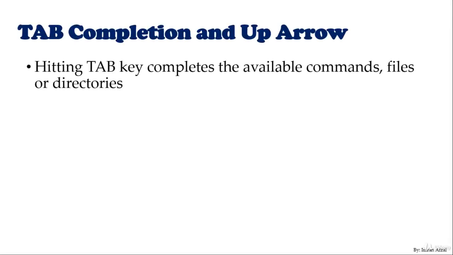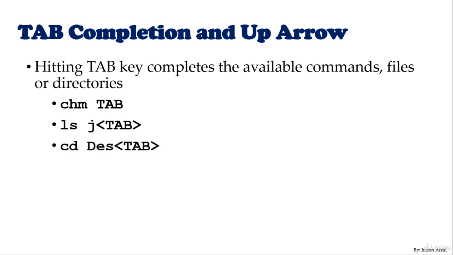Hitting the tab key completes the available commands, files, or directories, such as when you're running chmod, this command that has "od" at the end as well. So if you just type chm and hit tab, it completes the command for you. The same way, when you do ls space j and hit tab, it will list all the files that start with j.